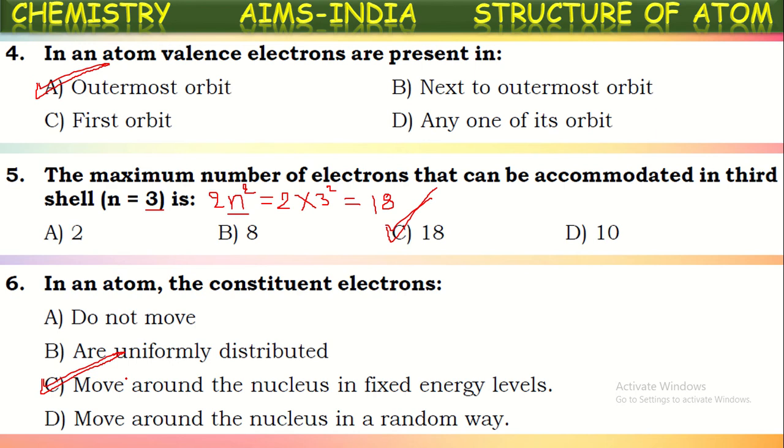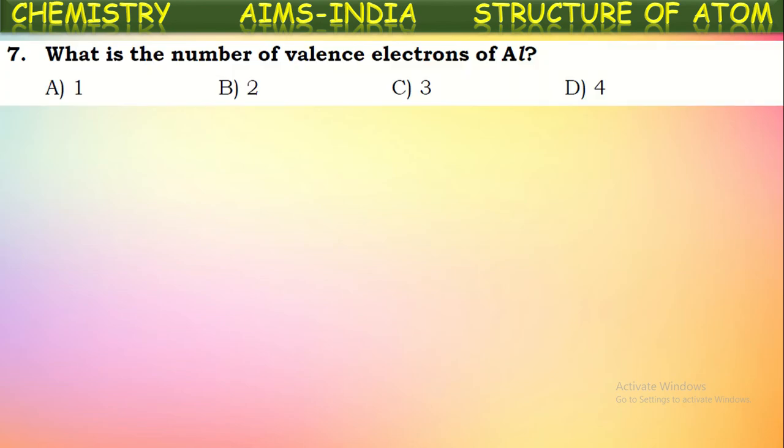Okay. Next one. What is the number of valence electrons of aluminium? What is the atomic number of aluminium? We know it is 13. If the electronic configuration is written for aluminium, we get the number of valence electrons. So its configuration will be 2, 8, 3.